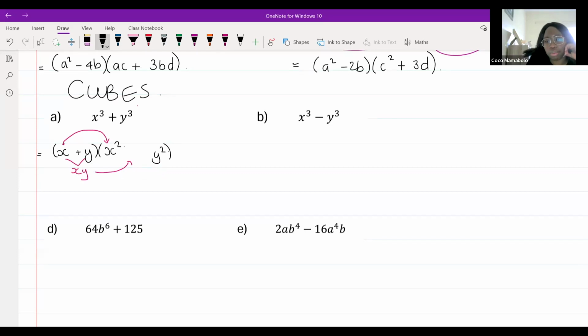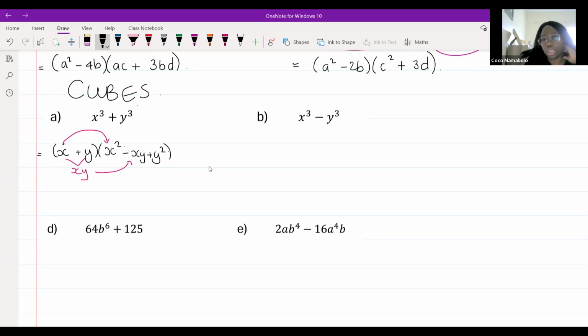So when it goes in here, we must put it as? Okay, we must always put it in there with the opposite sign. So over here, we're going to put it in negative xy. Yes, ma'am. Okay, do you see what we did there? Yes, ma'am.